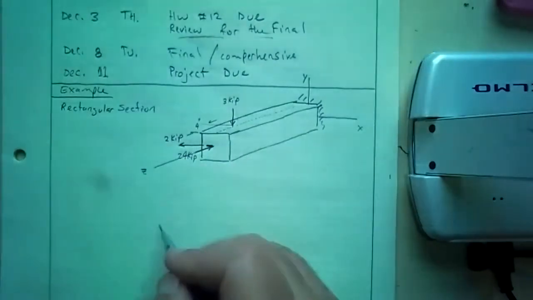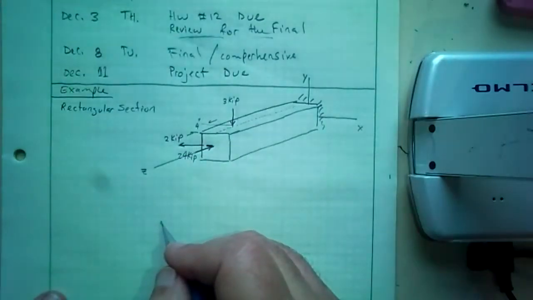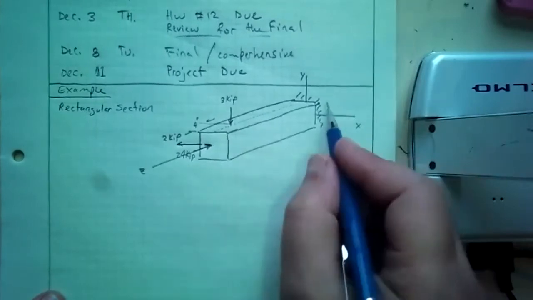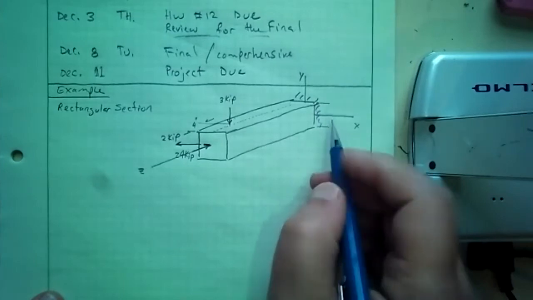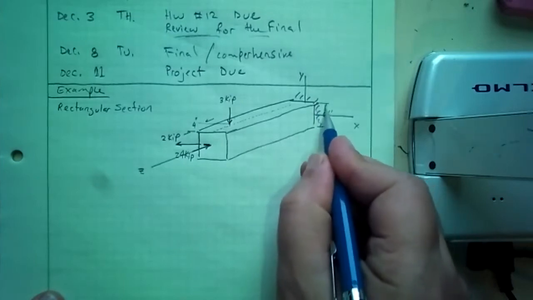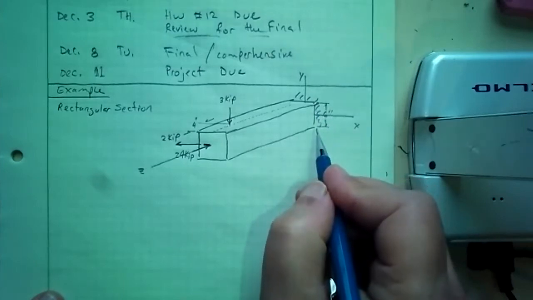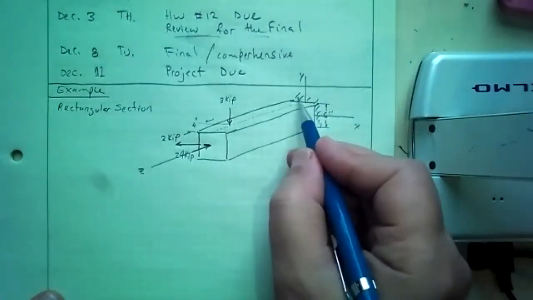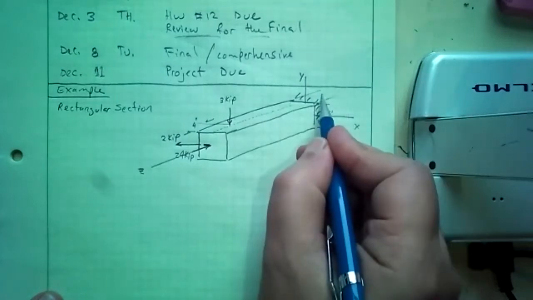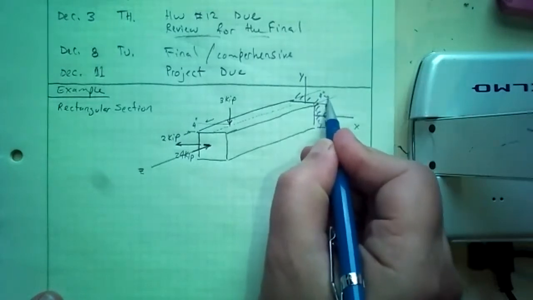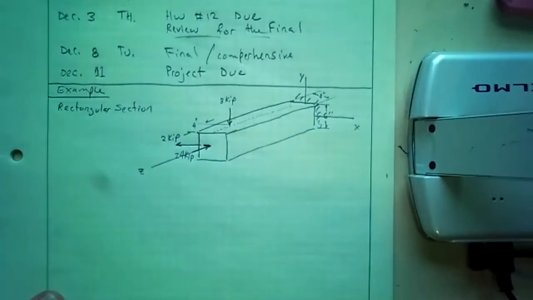Okay, so we have these 3 forces, and this cross section is a 6-inch by 4-inch, so a 4x6 cross section.